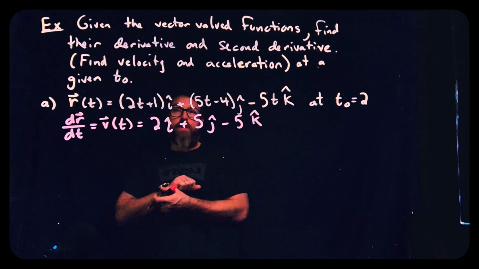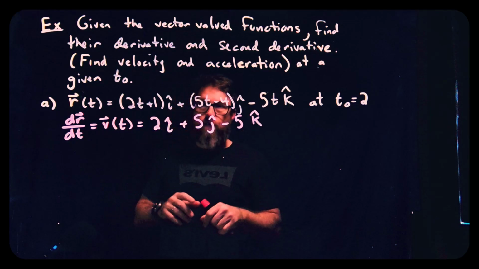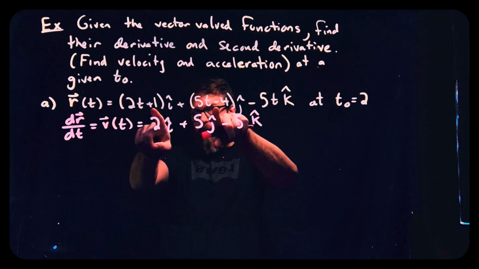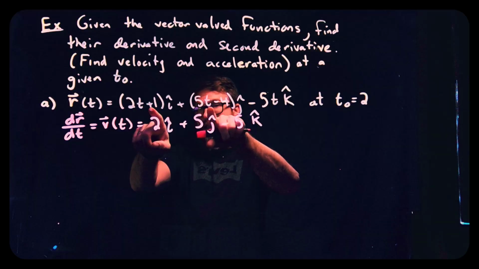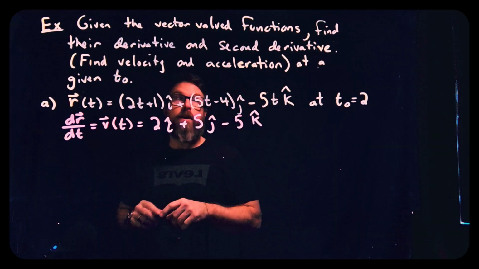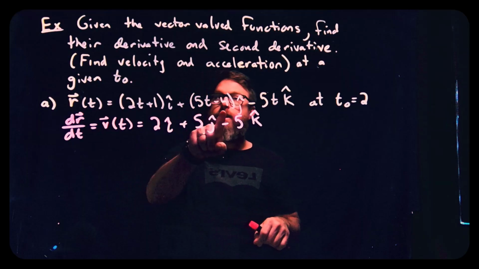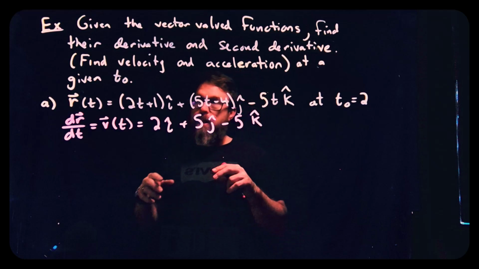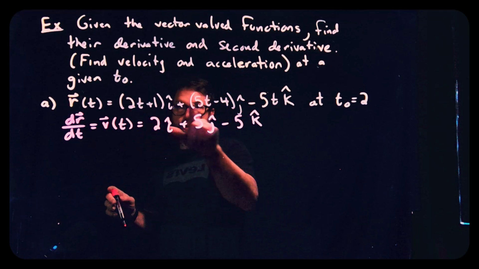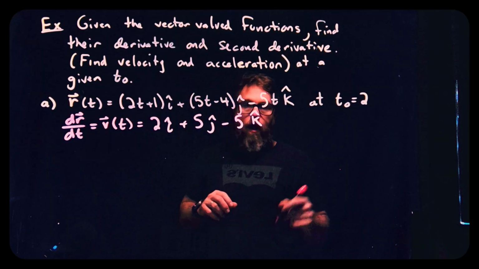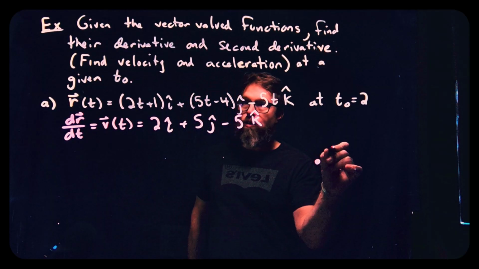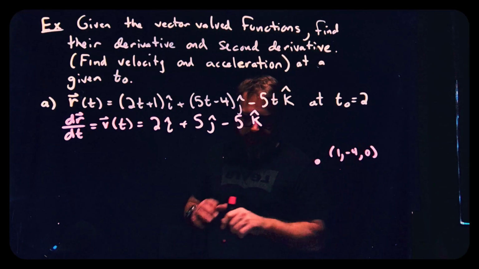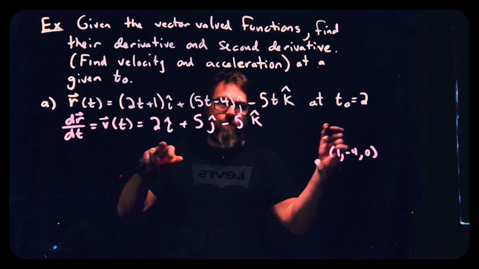Now, what you'll notice is this velocity vector is a constant vector, and the reason is that the original vector valued function is a line. You can see that these coefficient functions are linear functions, so this draws a line that goes through the point 1, negative 4, 0, because there's no constant over here, and it's got a parallel direction vector 2, 5, negative 5, the coefficients of t.